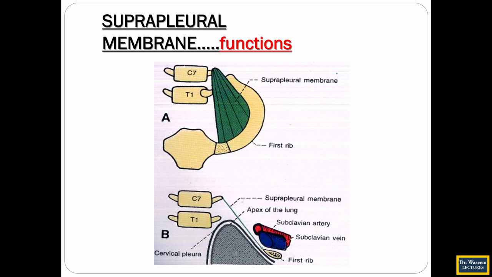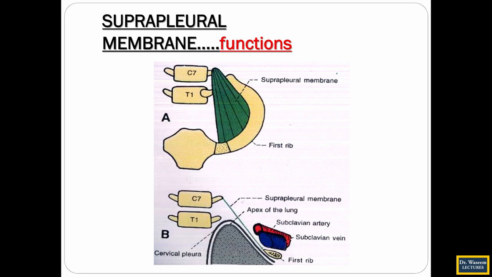This is suprapleural membranes. So, this was the class about your thoracic wall, in which you have already done the thoracic cage, 2 classes, then thoracic apparatus, 2 classes. In one class we discussed intercostal muscles and nerves, in another class we discussed intercostal arteries and veins, and in this fifth class today we have discussed the remaining things about how the thoracic cavity will be completed as far as our somatic or wall structures are concerned, and we have covered them from above, the roof, and from below, the floor.